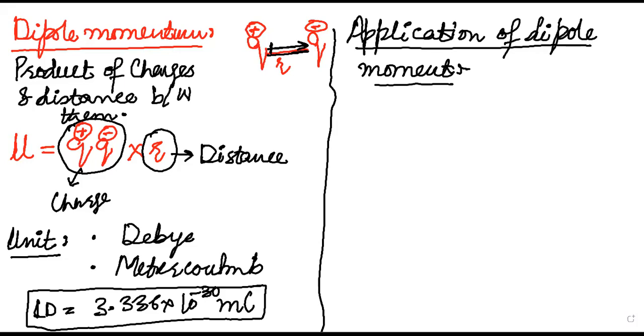Here we can write the direction of dipole moment: the direction of dipole moment is from positive charge to negative charge.